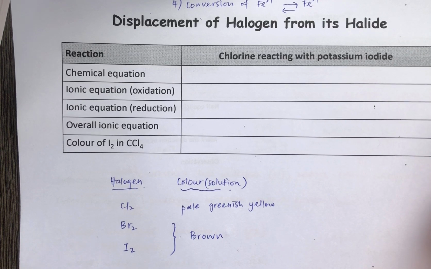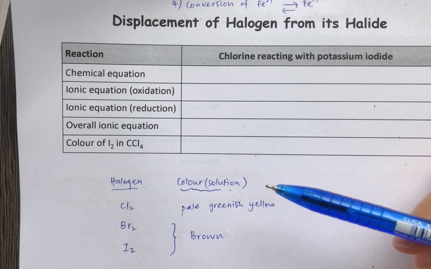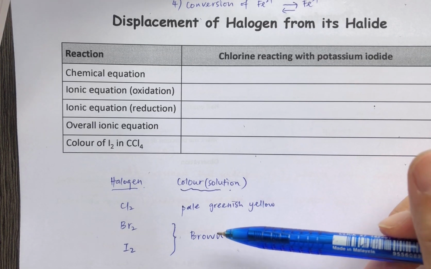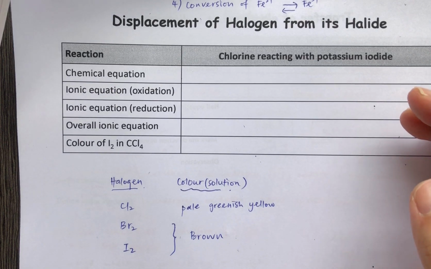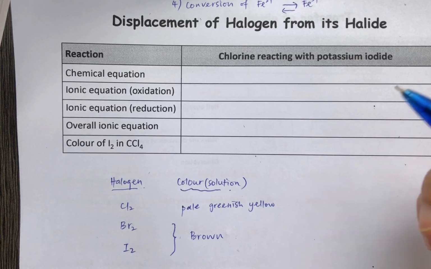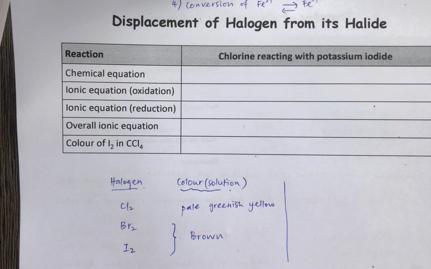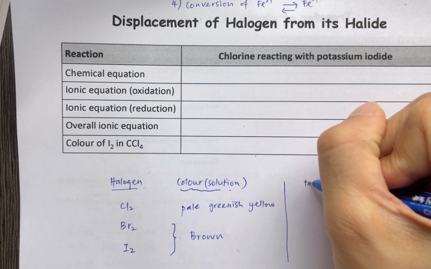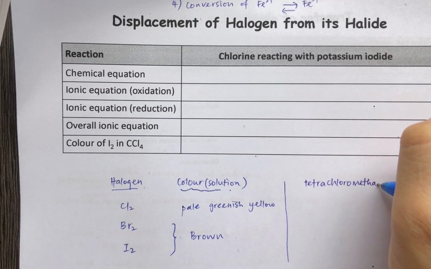Now, when bromine and iodine are the same color, we have a problem identifying one from the other. If I have two test tubes, one bromine and one iodine, and I lost the label, both are the same color, how am I supposed to confirm which is bromine and which is iodine? There is a chemical that can help, called tetrachloromethane.